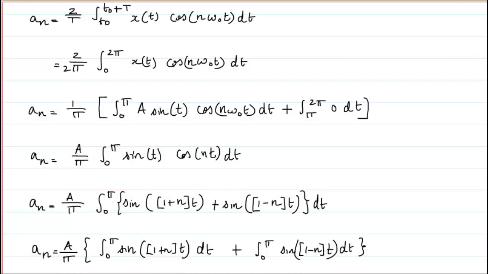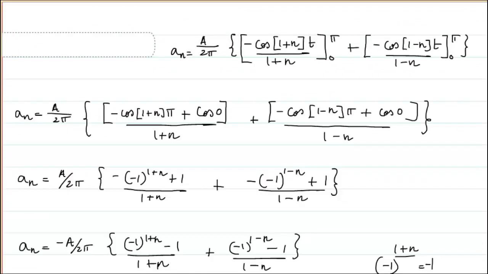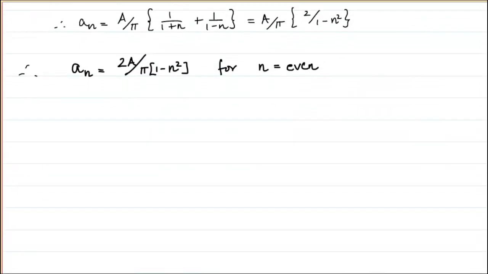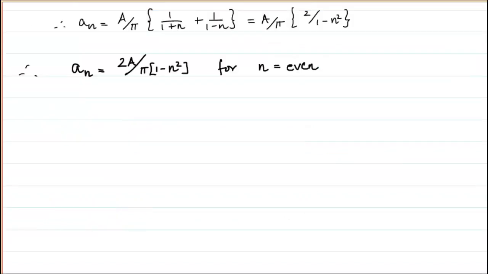So this is the total calculation: a naught we have completed, an we have done, so we have to now do bn. For bn, again the equation is similar, the only difference is it is sine.